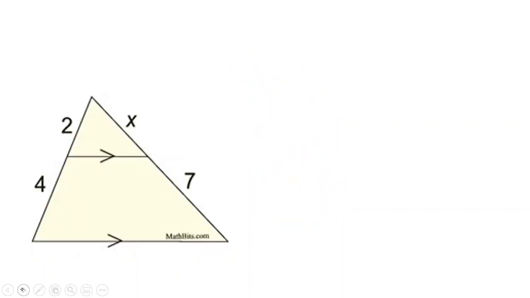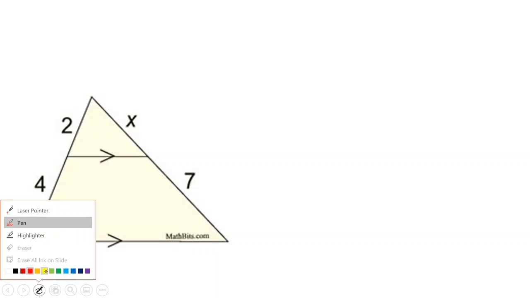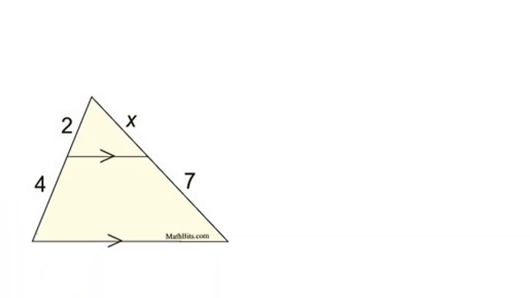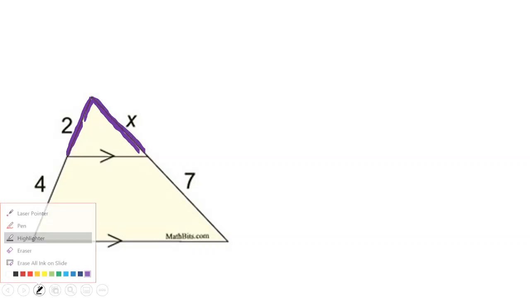In this case, remember, just like we said before, if we were to get my highlighter out, here's the shorter side, and here's the shorter side. So those would be proportional.